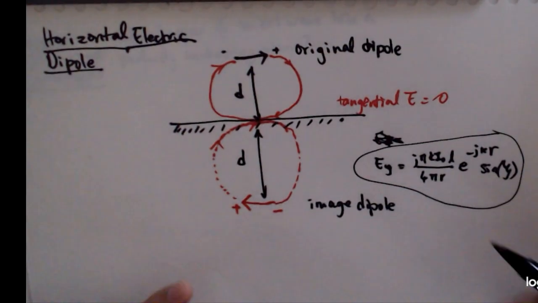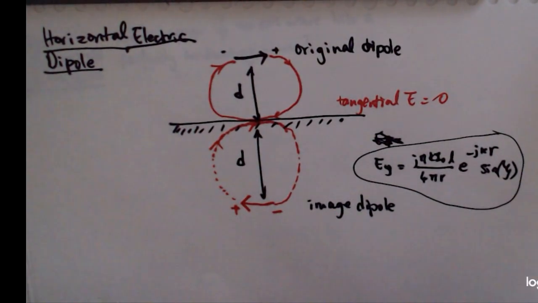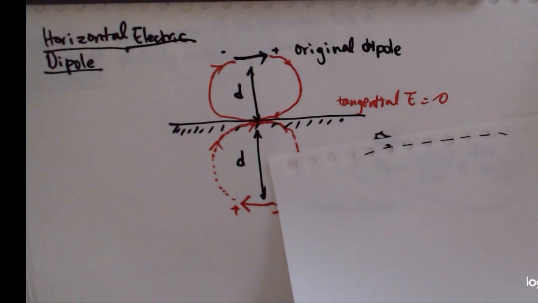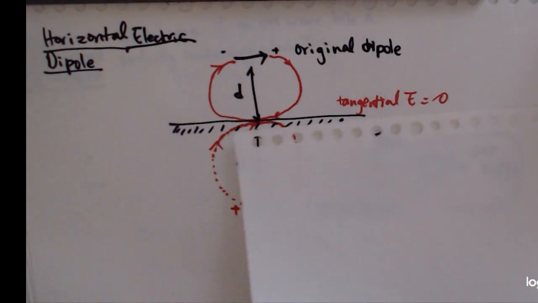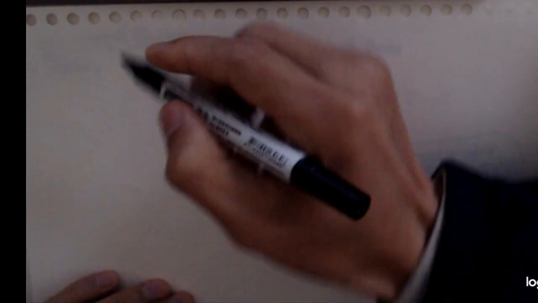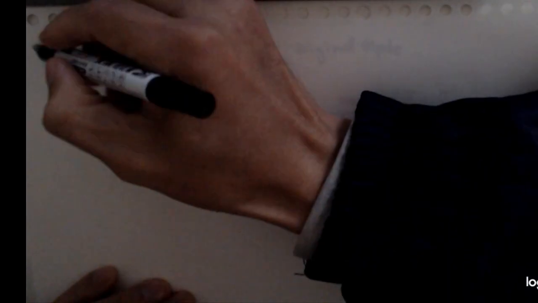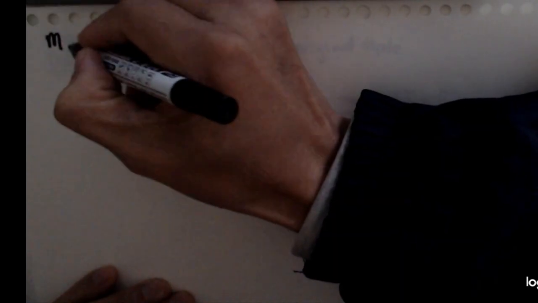Okay. Now we have talked about electric dipole, but what about magnetic dipole? Magnetic dipole. So first of all, I need to talk about what is magnetic current first. Magnetic current. We are going to talk about magnetic dipole.